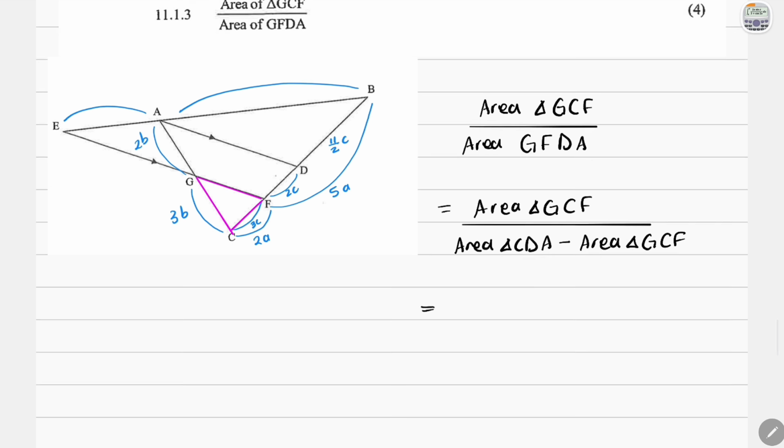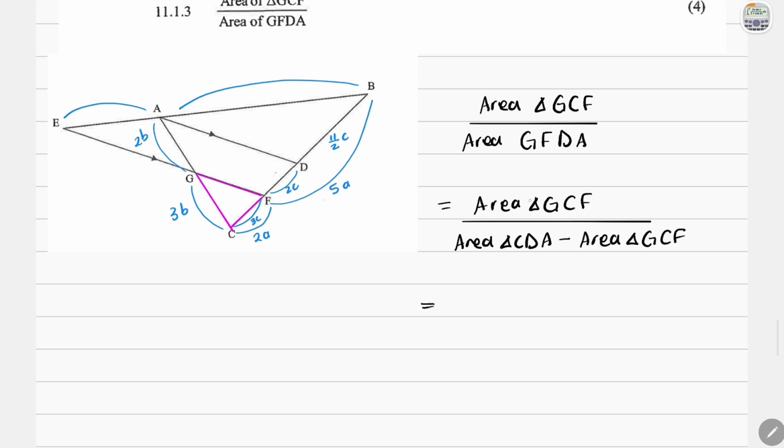So this is equal to, and we're just going to now find them. So the area of this triangle on top, we say a half multiplied by this side, and that's going to be the 3. I won't say 3b, it's not necessary, because we're also going to have something with b in the denominator. So multiply by the other side of it.